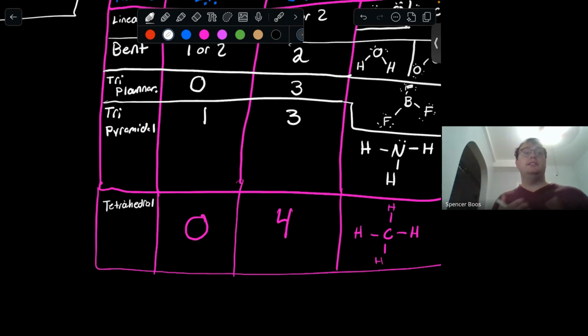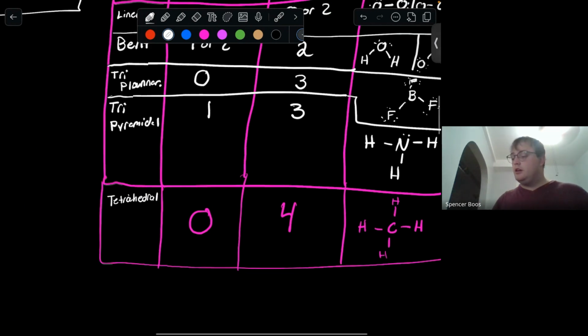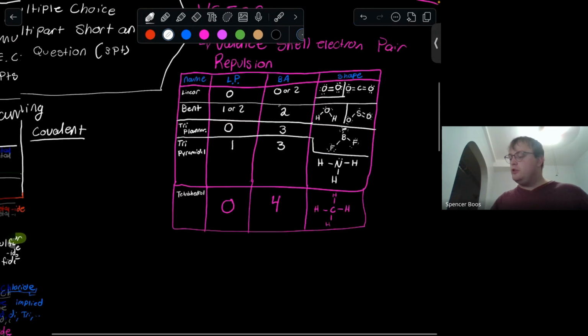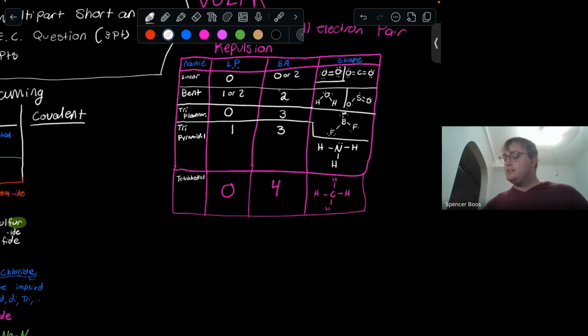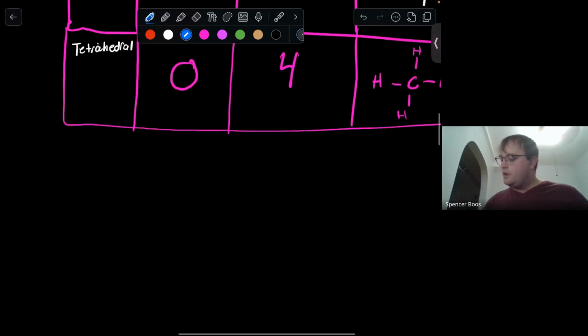A great example of a question using this chart would be, all right, consider you have this compound. Let's say you have the compound O3. Say you got that compound.